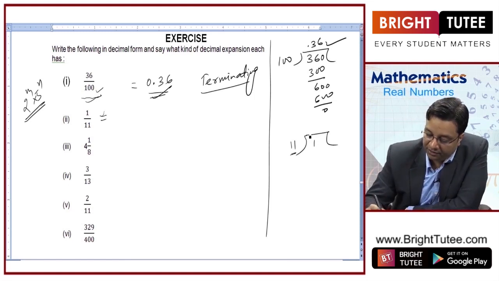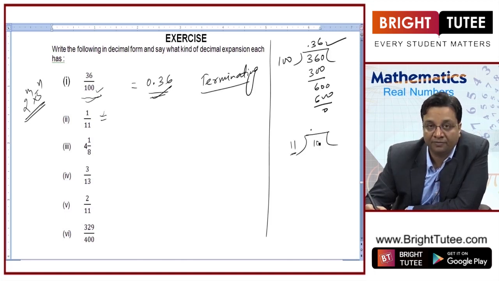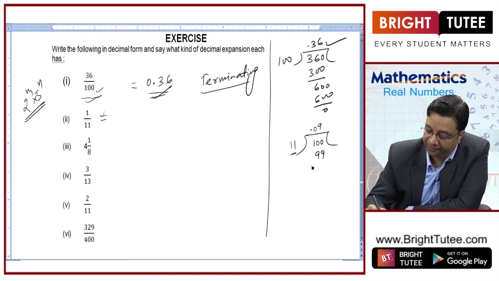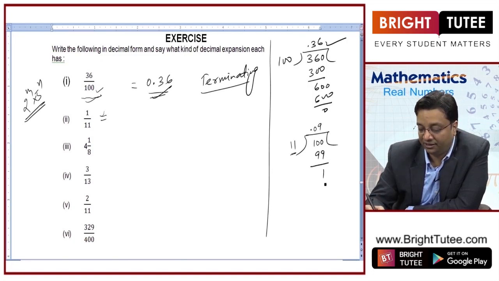So, 11 ones are 11, right. So, we will have a 0 here and a decimal here, it is still lesser than 11. So, we will have a 0 here and a 0 here. Now, 11 nines are 99, I have got 1 here, I started with 1, I have again got 1 here.